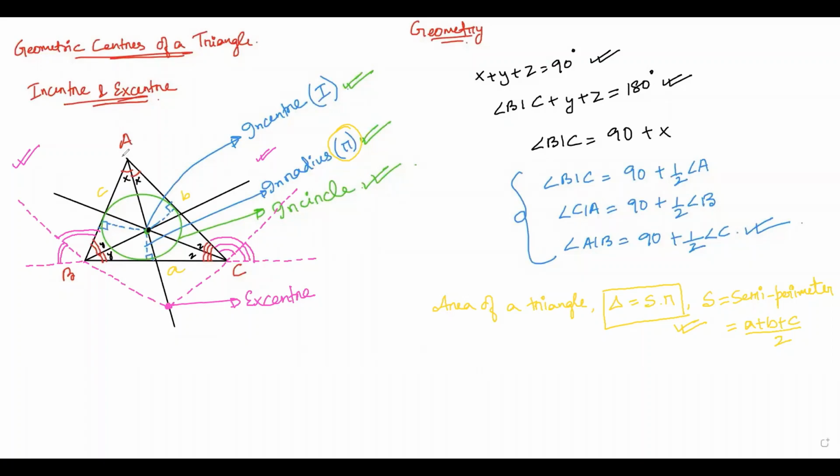So there will be totally 3 excenters for the triangle, one corresponding to the internal bisector of each angle. So incenter is the meeting point of 3 internal bisectors of the triangle, and excenter is the meeting point of 1 internal bisector and 2 external bisectors of the triangle.